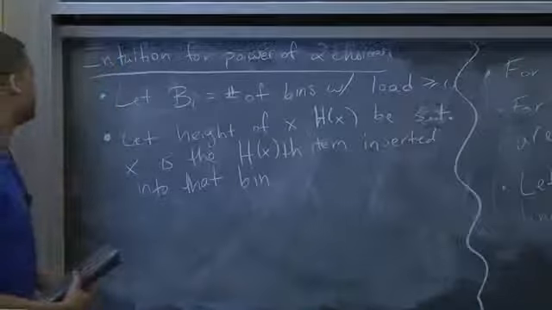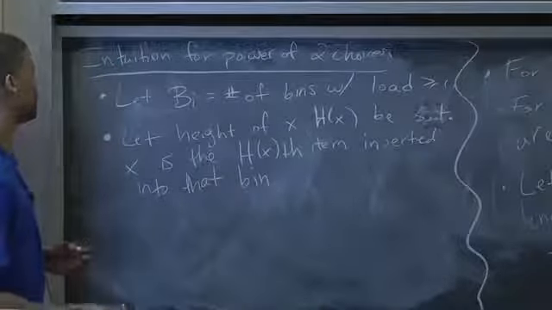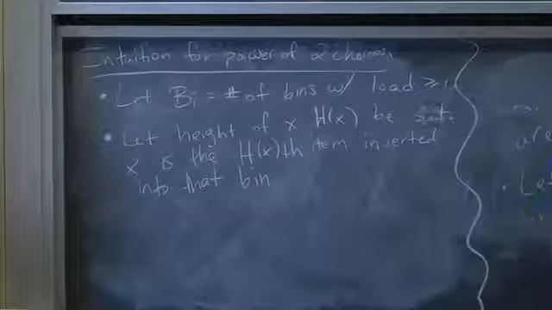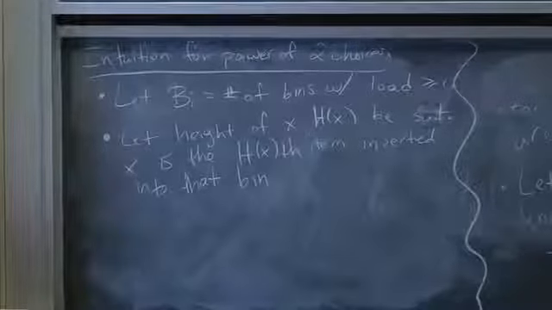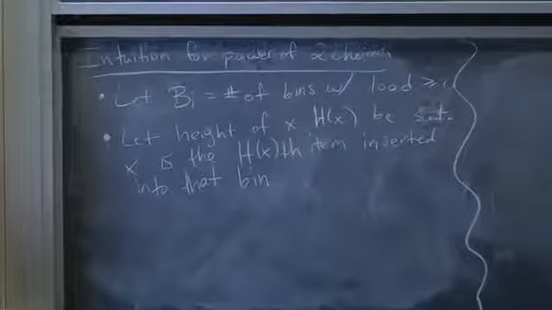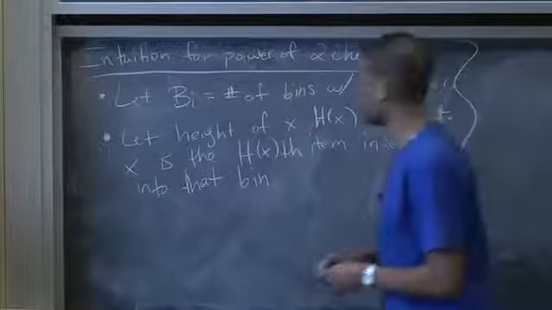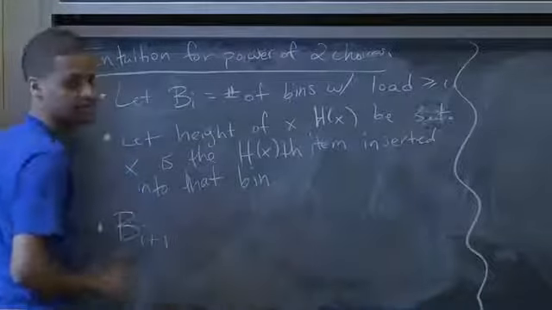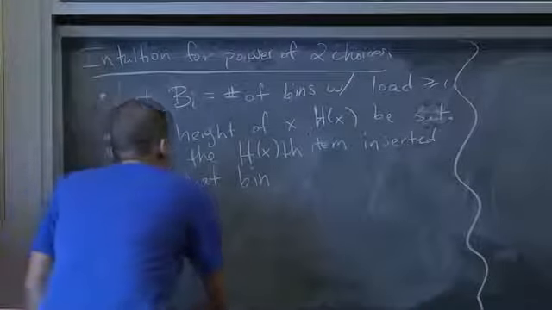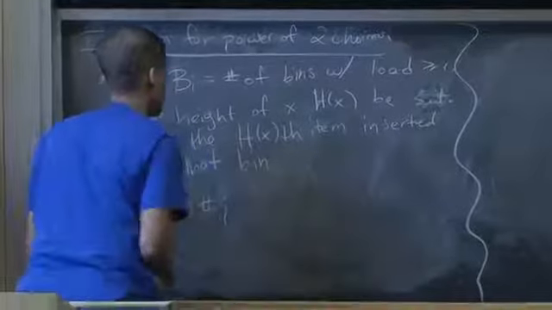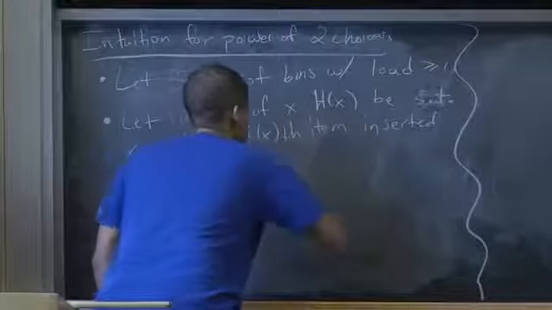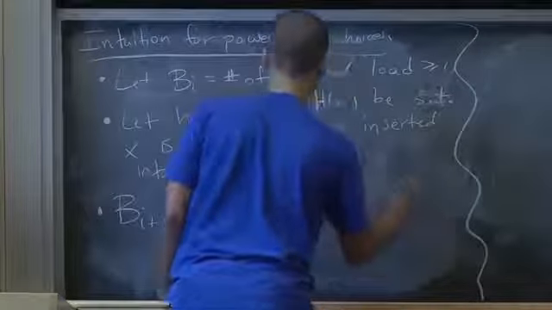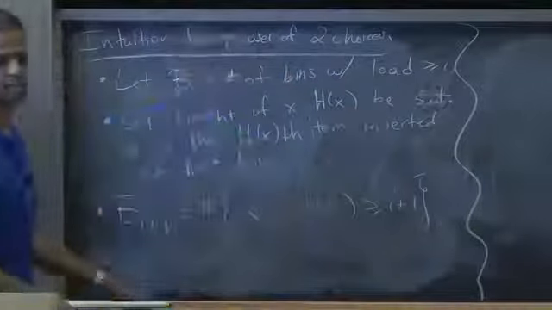Okay, so I want to say something about now, what should b_{i+1} look like? So I know that b_{i+1} is at most the number of items x such that the height of x is at least i+1.